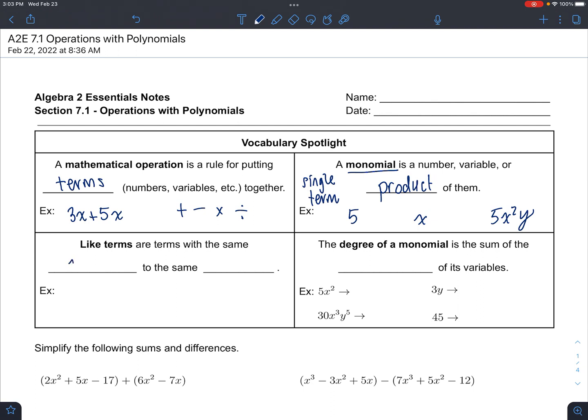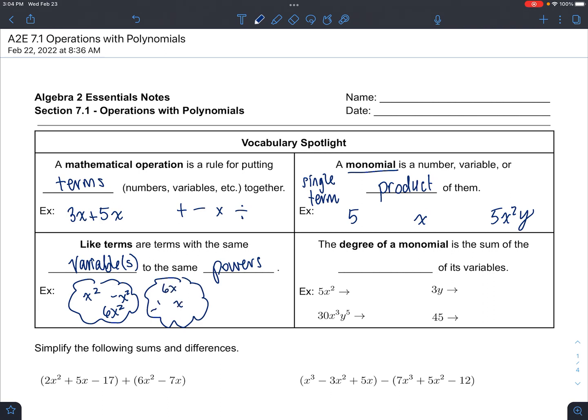Like terms are terms with the same variable or variables to the same powers. So the big like terms we're going to talk about would be the x squared group, which could be any number out front. They all are still like terms, so it's all about the variable part. We have our x terms, and then we also have numbers.